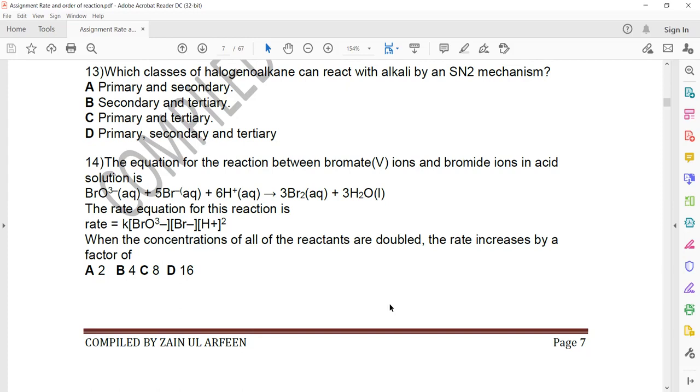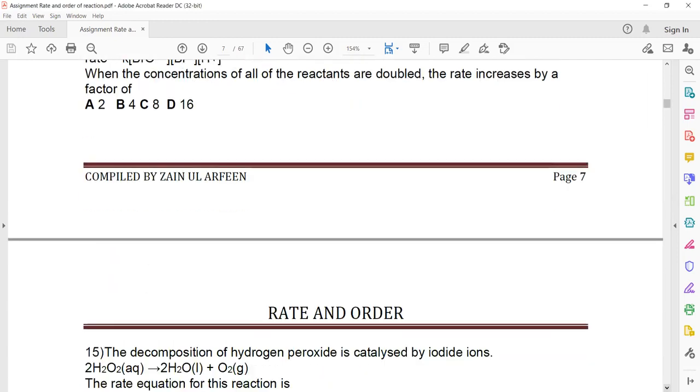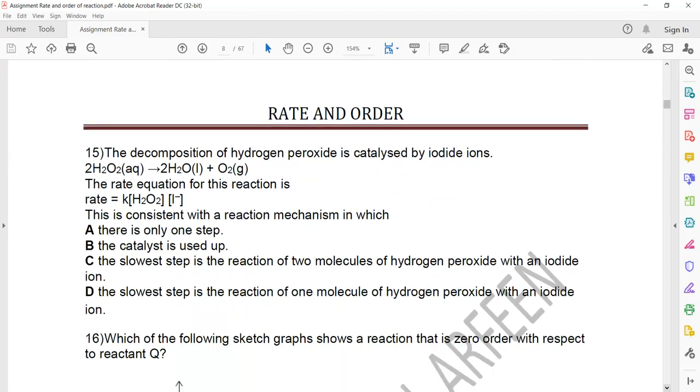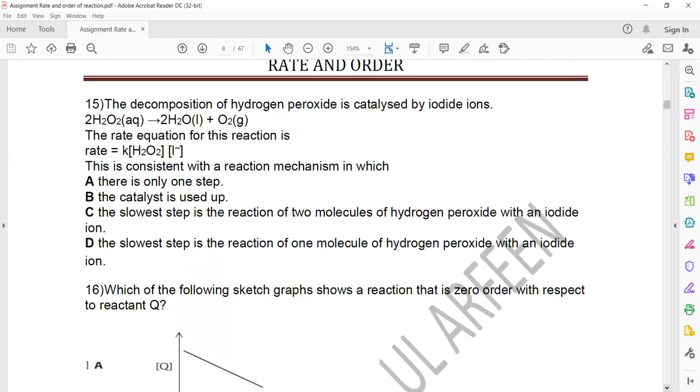When the concentration of all reactants doubles, the rate will increase by, it's the same question repeated. What could be the right answer? 16 again, D. So you will find that questions are similar and repetition is also there. Question 15.